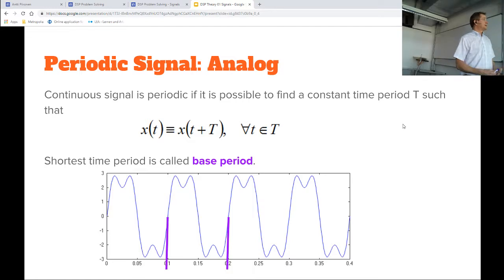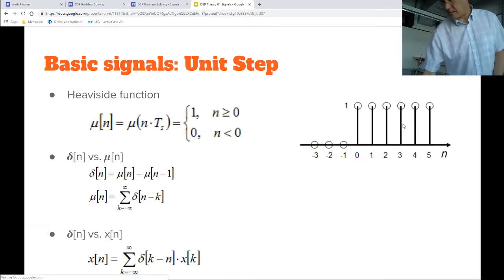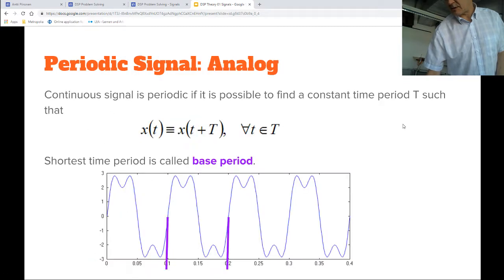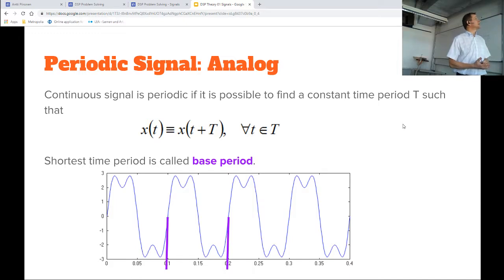All right, so let's see. We had the impulse and the unit step, and then we have the periodic signal. In the analog domain, a periodic signal is quite simple. You just find if there is a base period, and it's easy to find.